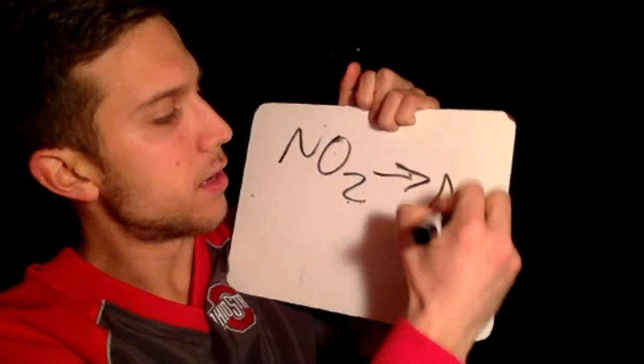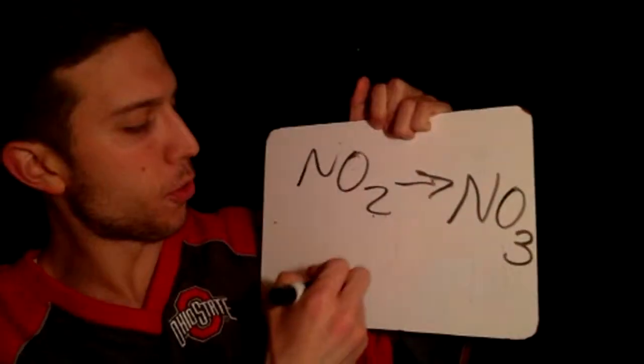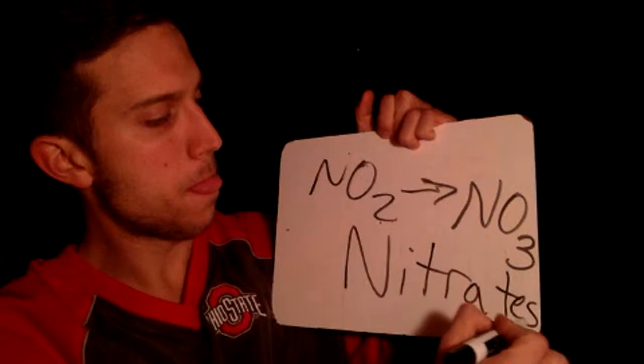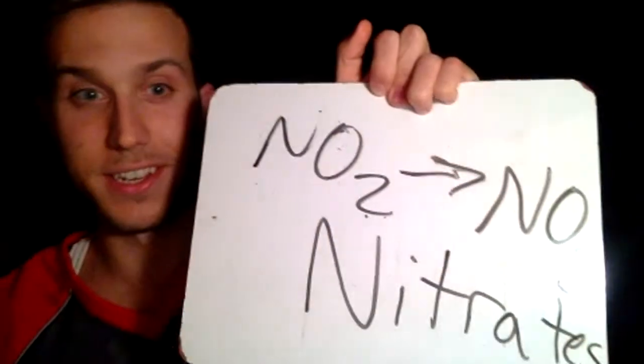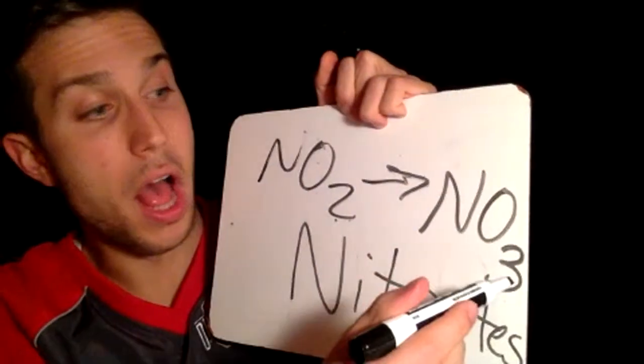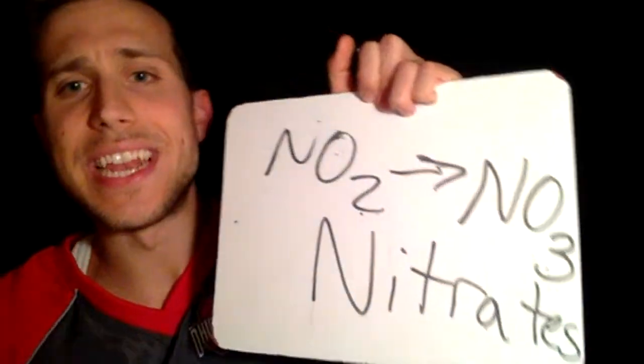They are going to be converted to NO3, known as nitrates. So literally the difference is 1 extra oxygen, and the difference is an A instead of an I. But I'm gonna give us a way to try and remember those steps so that you don't mix them up.